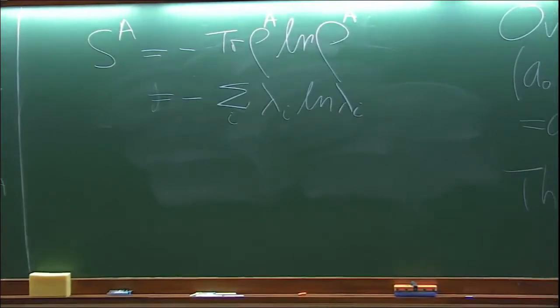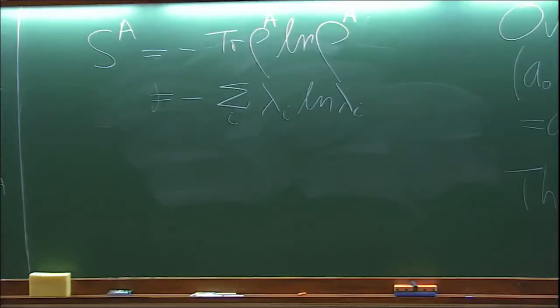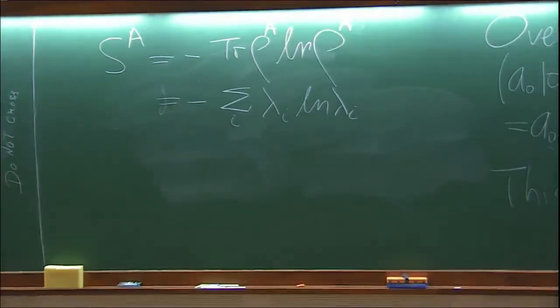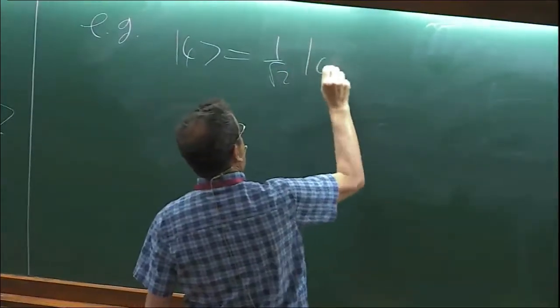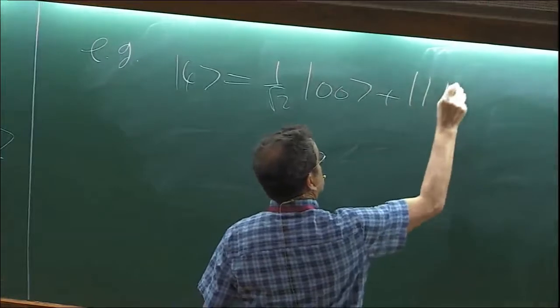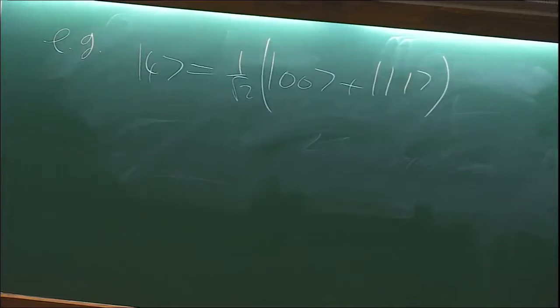If we have not a product state but an entangled state, such as one of the Bell states, the entanglement entropy will not be 0. So if you compare with this general state, only C00 and C11 are non-zero.